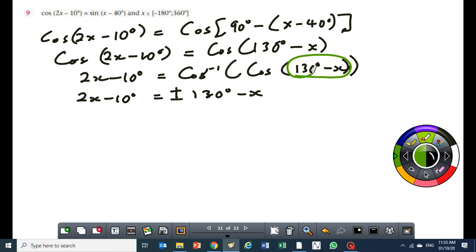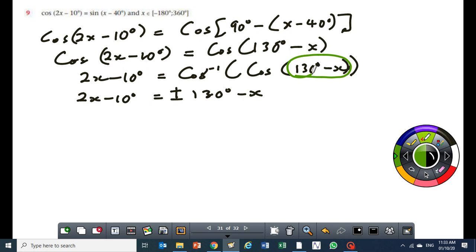Okay? It's only that for this question you don't know what x is. But cosine of 130 minus x is a ratio. It's a ratio, so the shift cos of the ratio gives you an angle. But since you have got shift cos of cosine of 130 minus x, the answer that you get is going to be this angle here, and it's to be your reference angle.